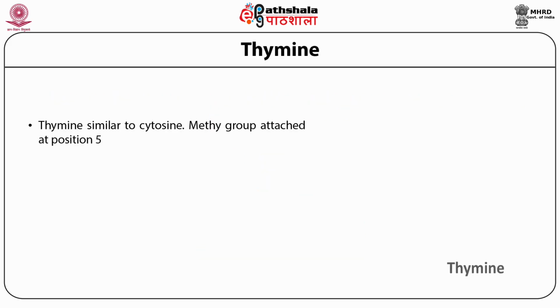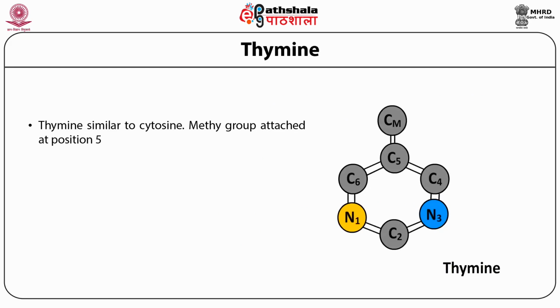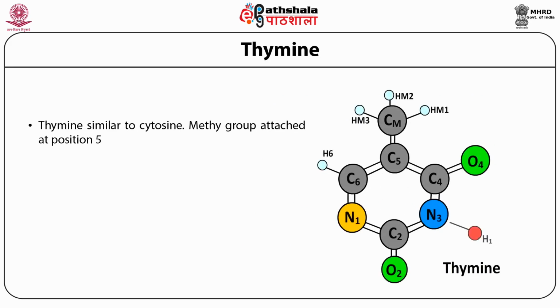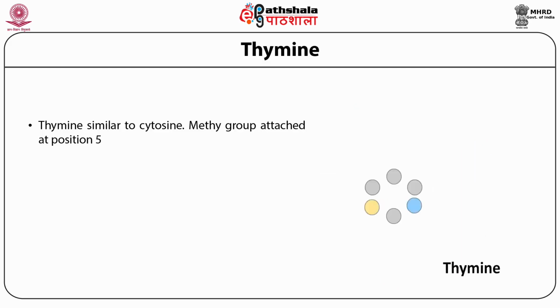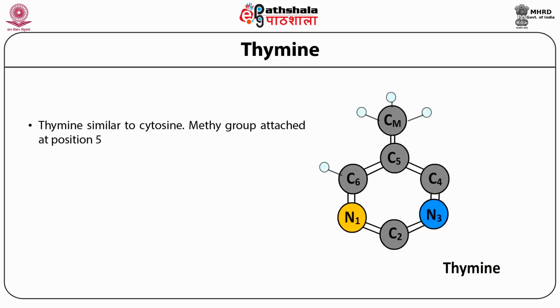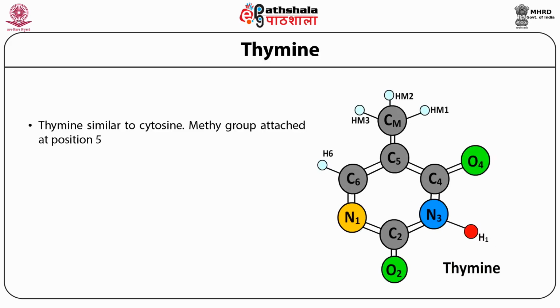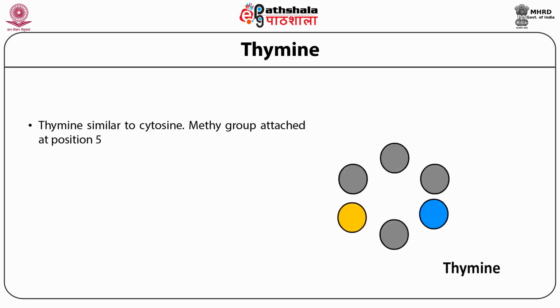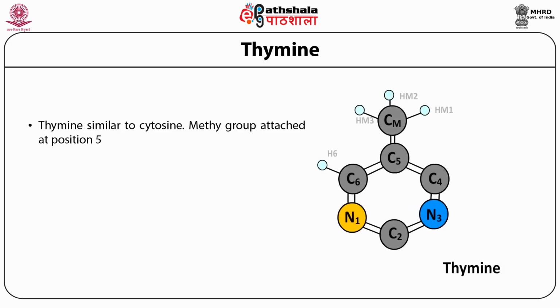Thymine. Thymine is quite similar to cytosine, but thymine has a methyl group shown in light blue color in the cardboard model, and these methyl protons are also quite important in recognition of proteins and drugs and other molecules.